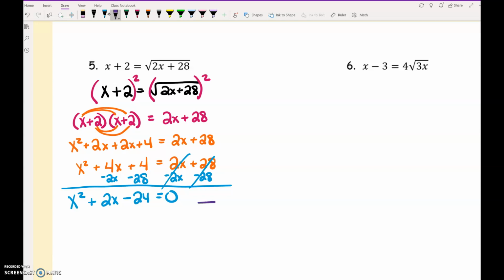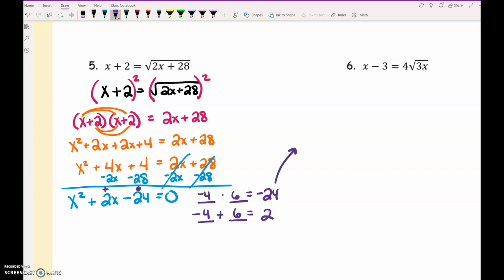We are now looking for two numbers that multiply to give us this last number, negative 24. Those same two numbers have to add up to the middle number, 2. It is 6 and 4. And some of you are better at coming up with those numbers.